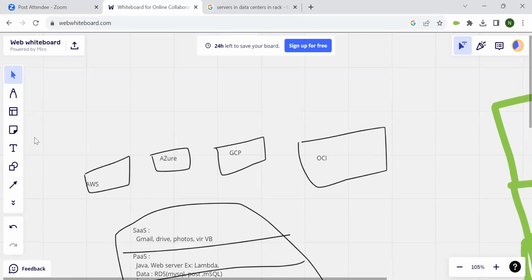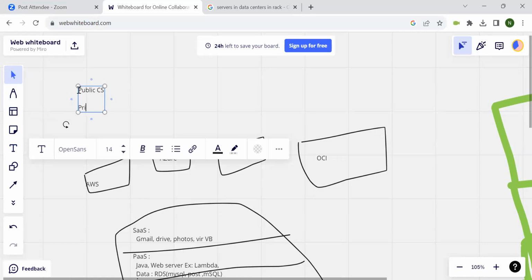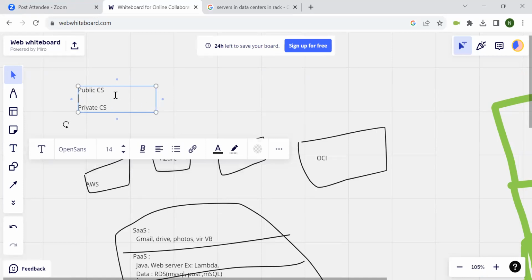There are two things here: public cloud services and private cloud services. Public cloud services means these cloud services are available for public usage. You and me are the public. Organizations are not the public. They are the private guys.